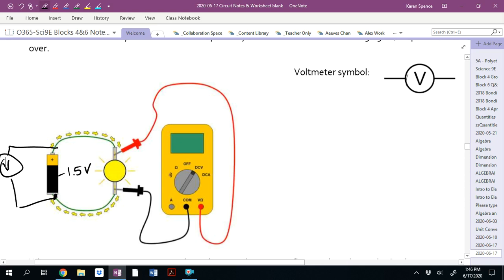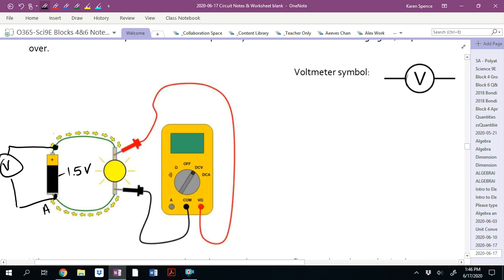And essentially what I'm doing is I'm sampling the electrons at point A, and I'm saying those have a really high potential. They have 1.5 volts, joules for every coulomb, okay? And then I sample it over here, and I say, oh, those have 0 joules left for every coulomb. They're at a really low potential. And so the difference between 1.5 and 0 is 1.5.